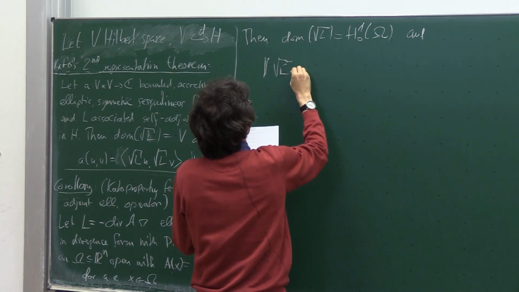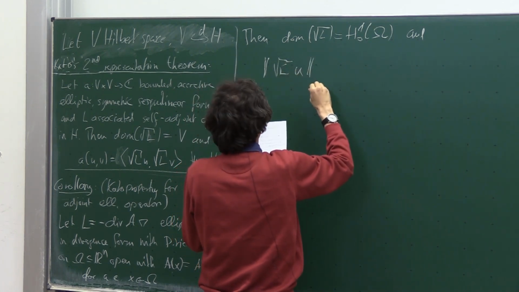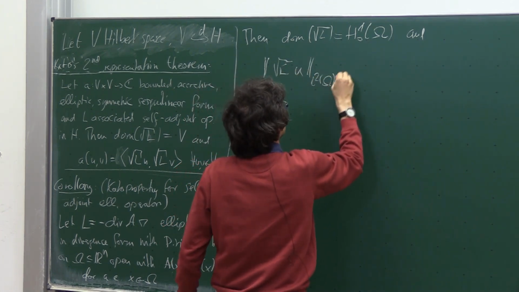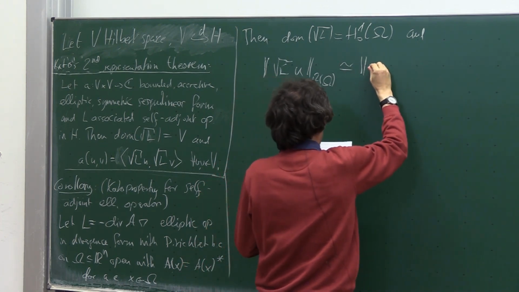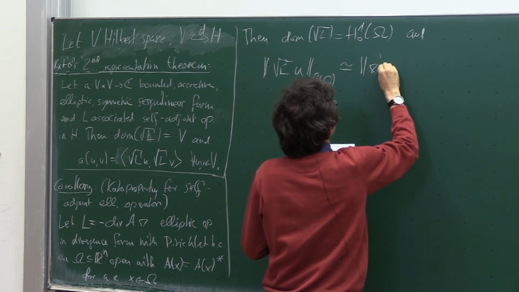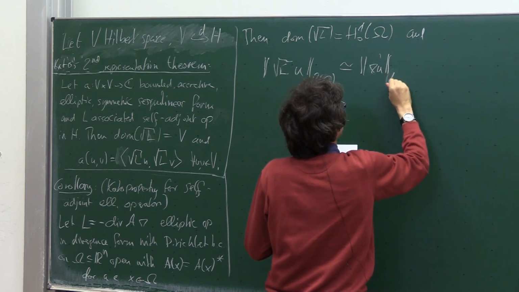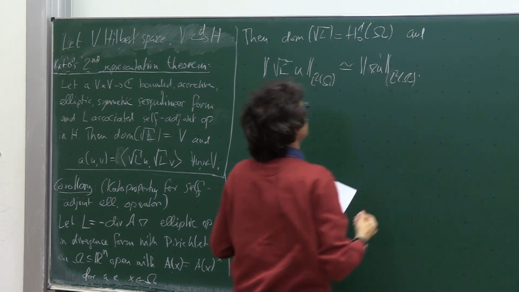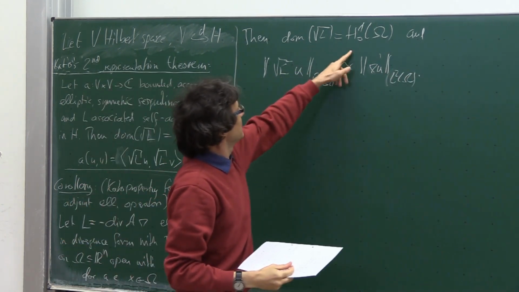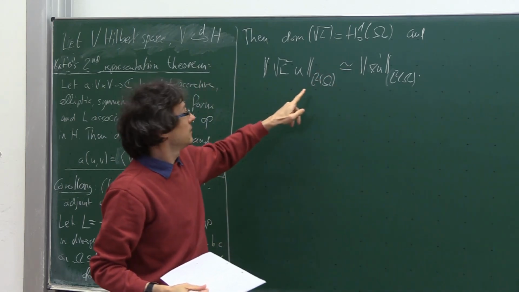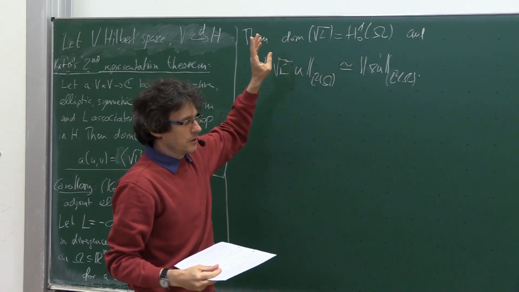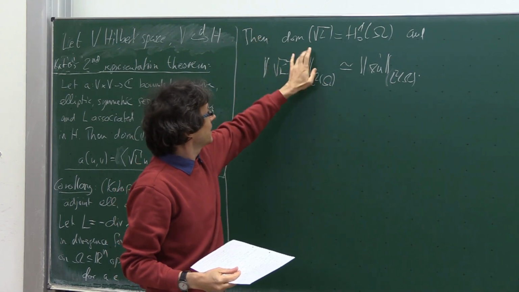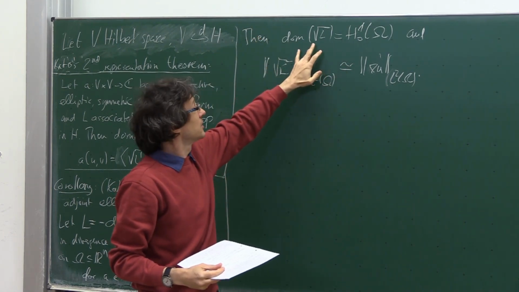So the norm of square root of L applied to u in L2 is equivalent to the norm of gradient of u in L2. This immediately gives you comparability of the norms here, equivalence of the norms here.